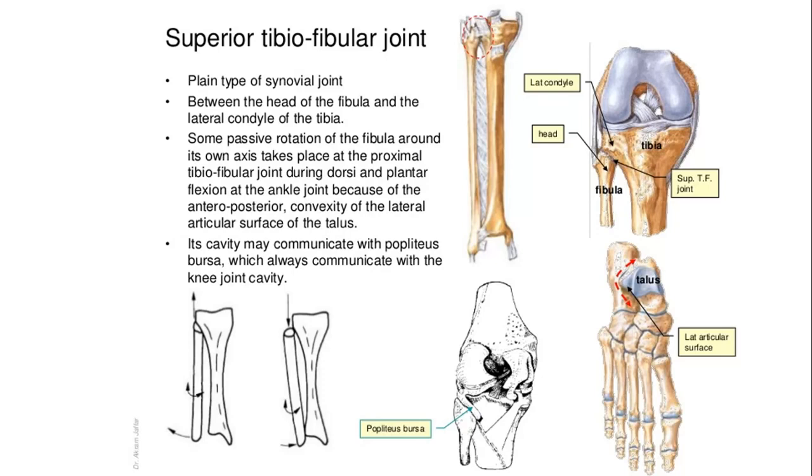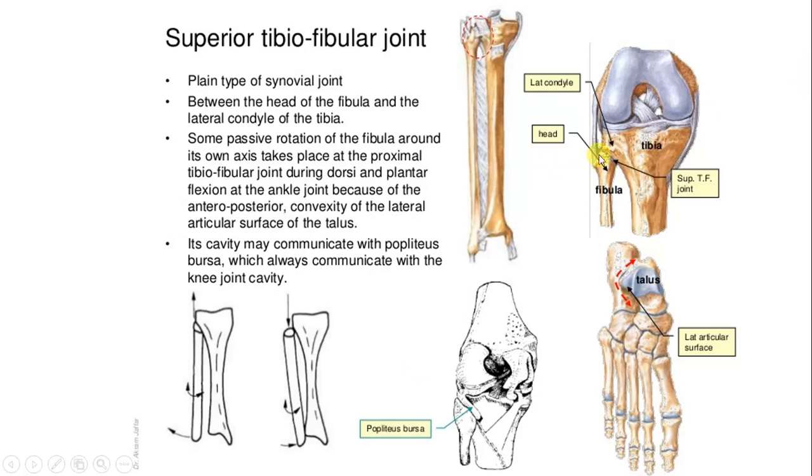around its own axis. So we have understood that. And why this? Because the lower end of the fibula at the ankle joint is moving away from and towards the lower end of the tibia. So while pressure or weight is transmitted downward, movement occurs at the superior tibio-fibular joint.